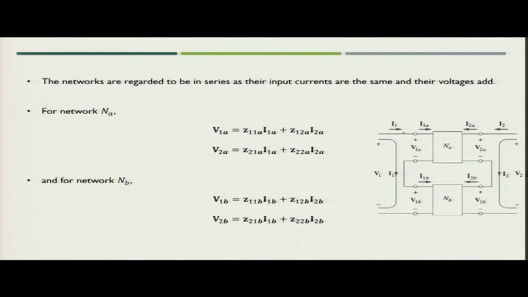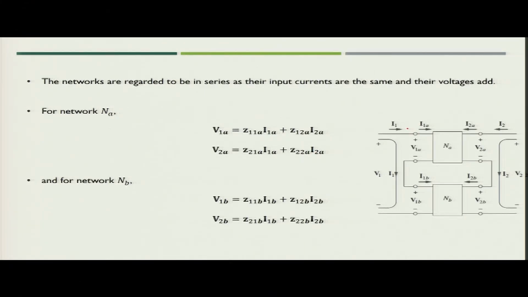Now, as we know that the total voltage V1 is nothing but V1A plus V1B, we will first write the individual Z parameter equations for both of the networks. For network A, what can we write? We can write V1A equals Z11A I1A plus Z12A I2A. Similarly, V2A can be written as Z21A I1A plus Z22A I2A.